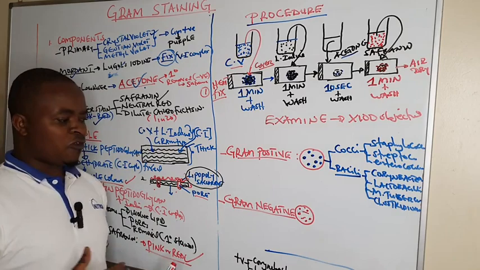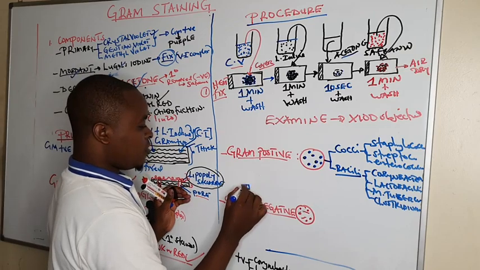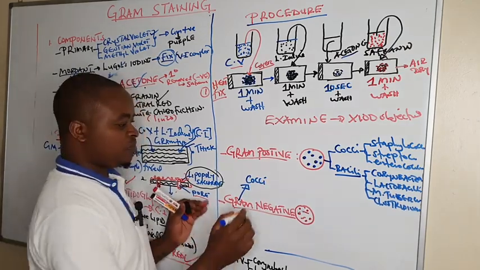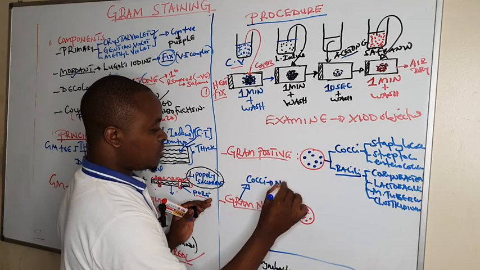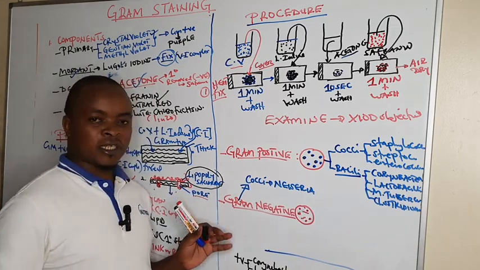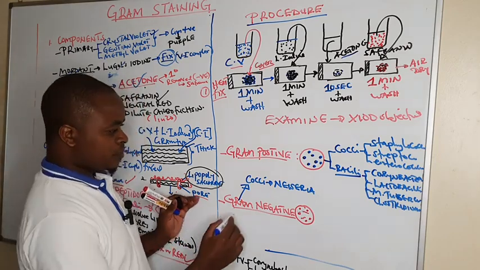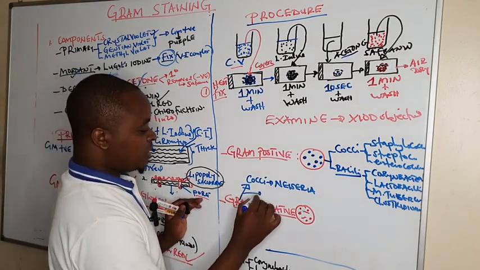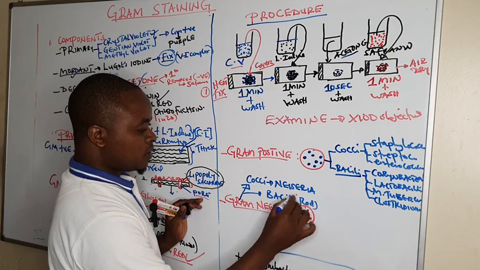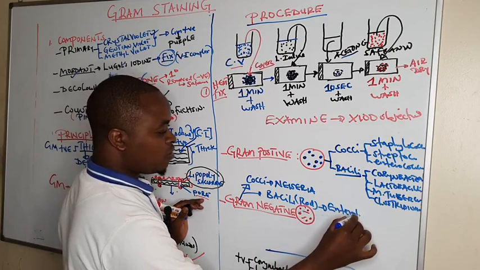Then examples of gram-negative. Under the cocci, those are ones which are oval in shape, we have Neisseria species, such as Neisseria gonorrhoeae, which is a gram-negative diplococci. Then we have different bacilli, or what you can call rods, such as the Enterobacteriaceae.